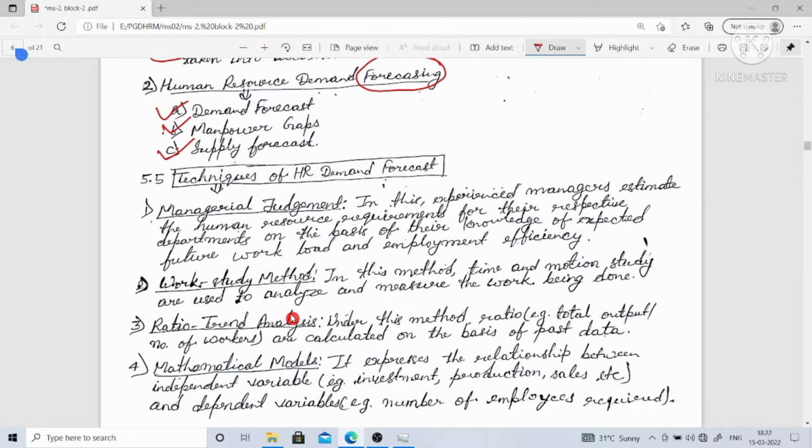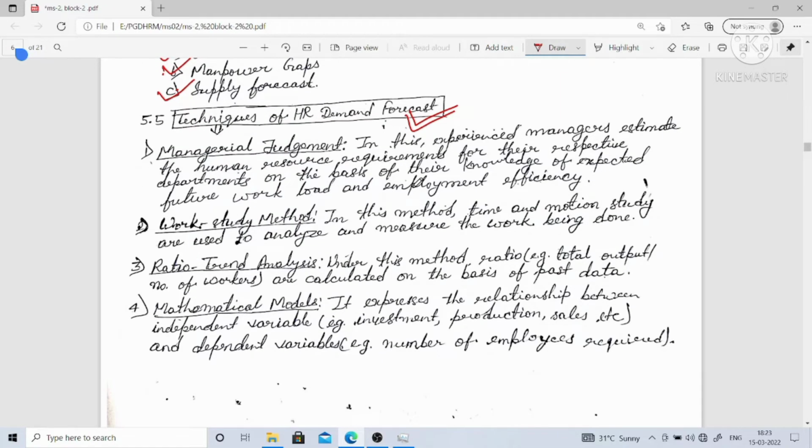Techniques of HR demand forecast. You see, techniques of human resource demand forecast means how it can be found out how many people are going to be required for the organization.